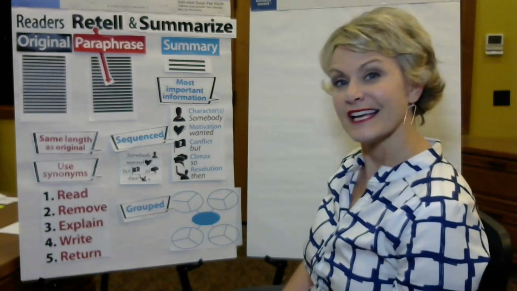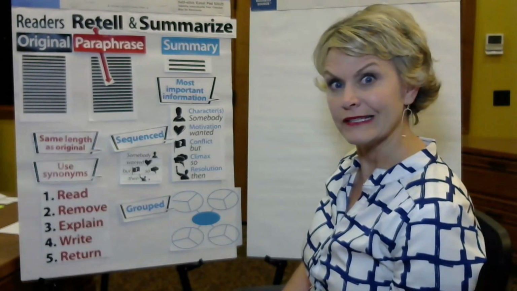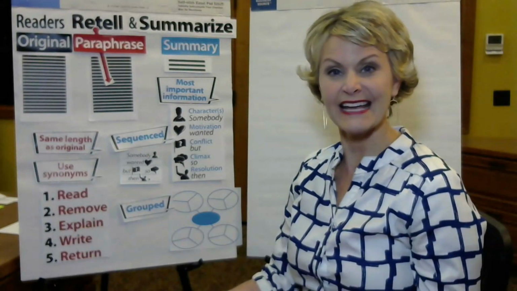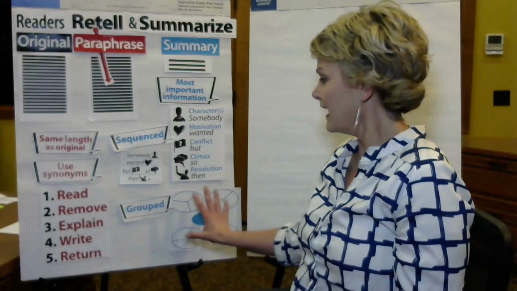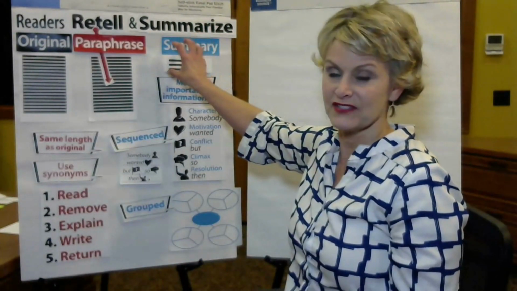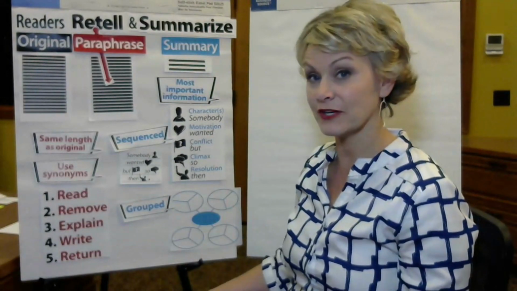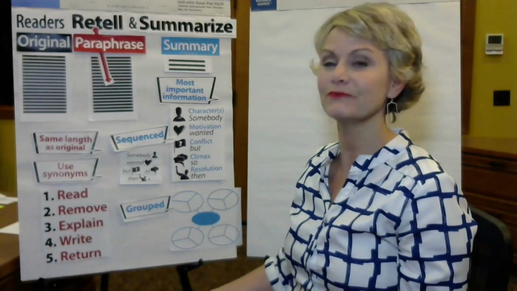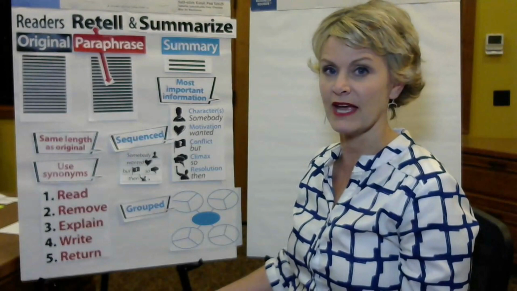And so that's what I want to work on in this lesson. How do you do that? Because I had said, okay, now we're only going to work on grouping the details, and then we'll learn how to write the summary. Well, we've been working on grouping the details. Now we're going to learn how to write the summary, okay?